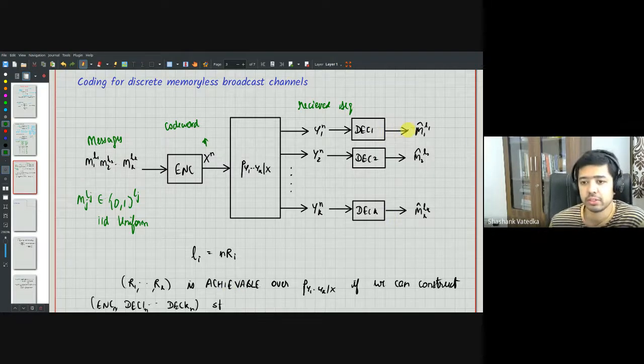And the goal is to ensure that each receiver can get its message reliably. Each decoder is going to be basically a function which takes as input the received sequence and outputs the desired message as output. So these are all estimates of the message.